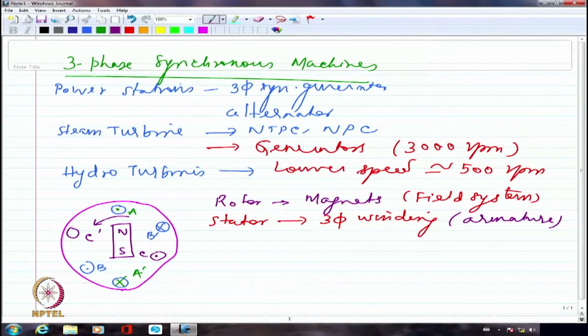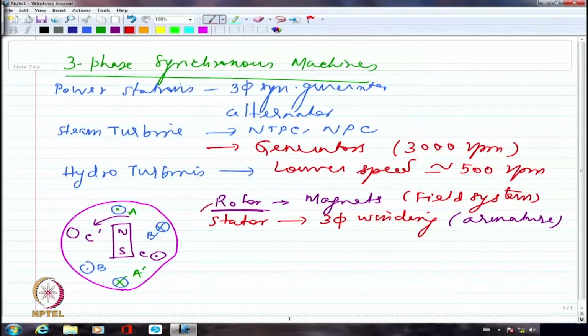Then after 120 degrees, because B phase winding is displaced by exactly 120 degrees, I am going to have induced EMF in B. Then I am going to have the induced EMF in C. So I am going to have three-phase induced EMF in all three windings independent of each other because of one single magnet rotating.